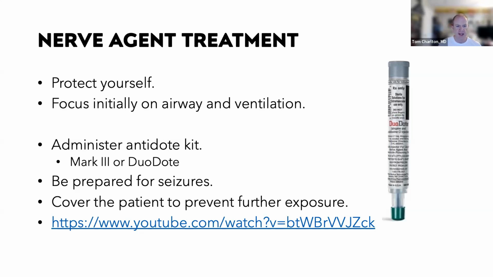I include this link here. This is a YouTube video. I will warn you, it is disturbing to watch. We're not going to watch it today, but if you are interested in seeing what some of these chemical warfare agents do, that would be the link to go to.